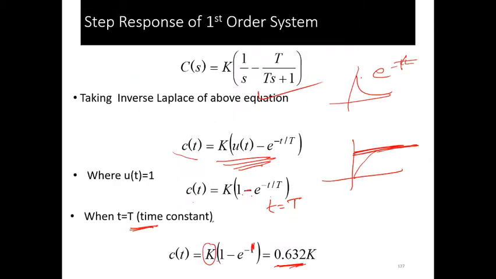K is the steady state value. How did we calculate the steady state value? At the steady state, this decaying term becomes almost 0, so we take it as 0. So this becomes K, right?